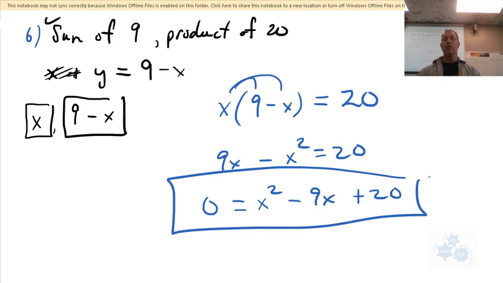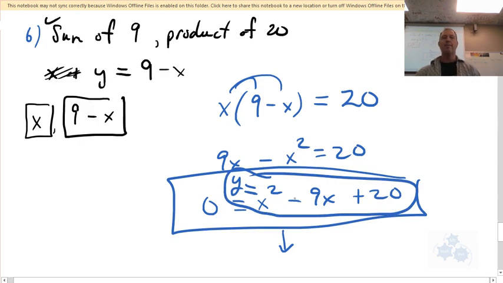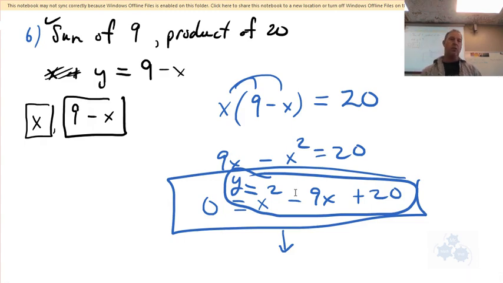So now you would solve for the zeros of this, and those would be your answers. The x-intercepts of the function y equals x squared minus 9x plus 20 will be your solutions to this problem. Questions about that? I'll let you finish that on your own, but you'll find that those intercepts should be 4 and 5.